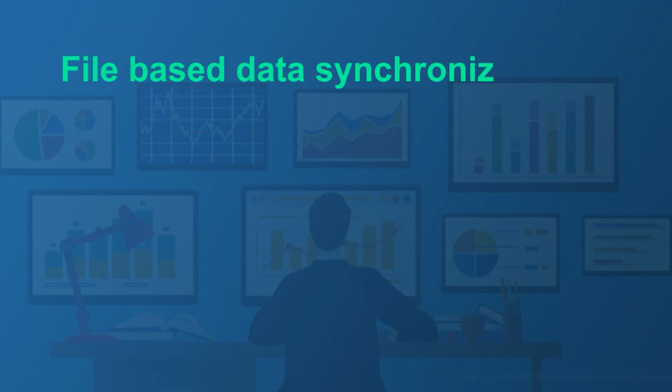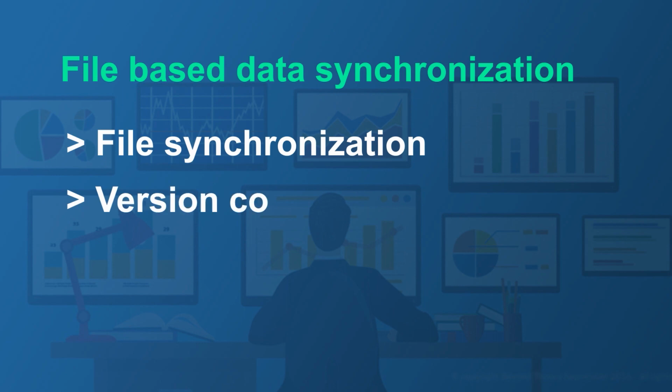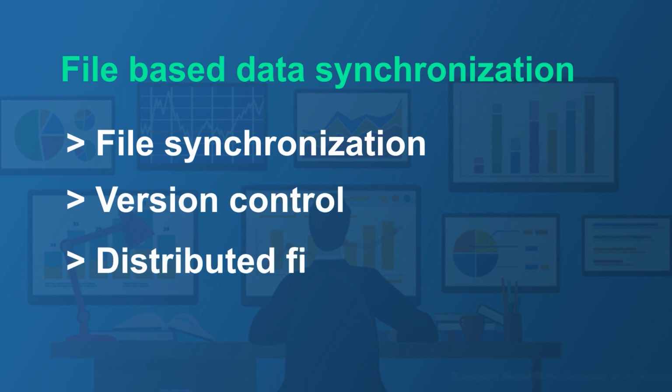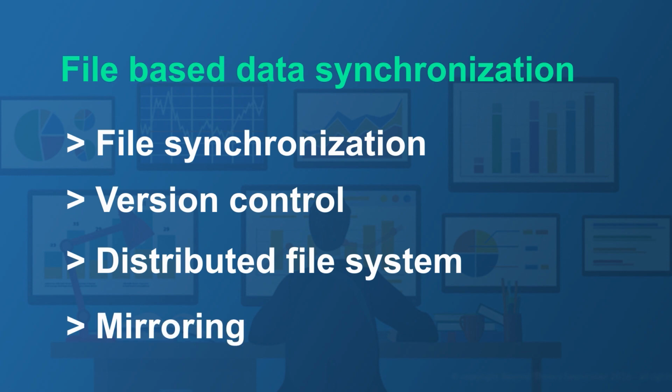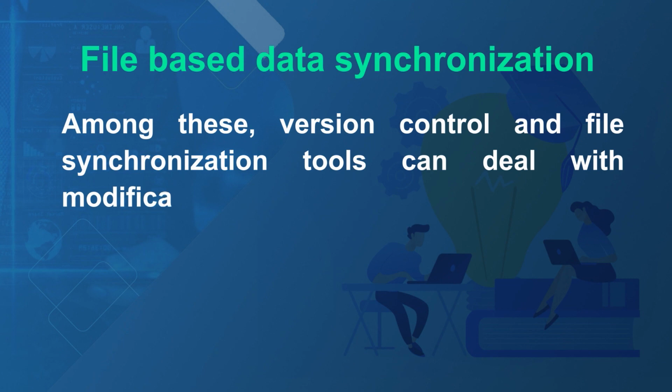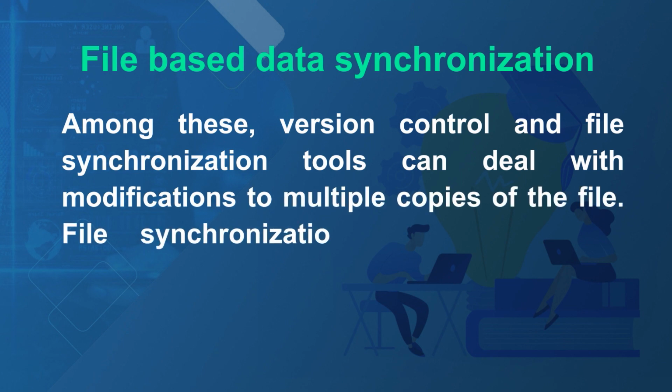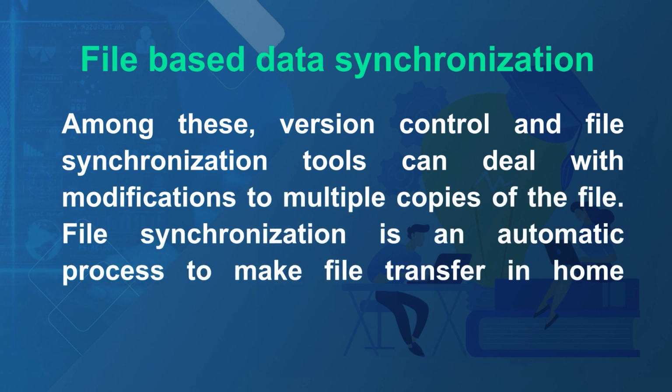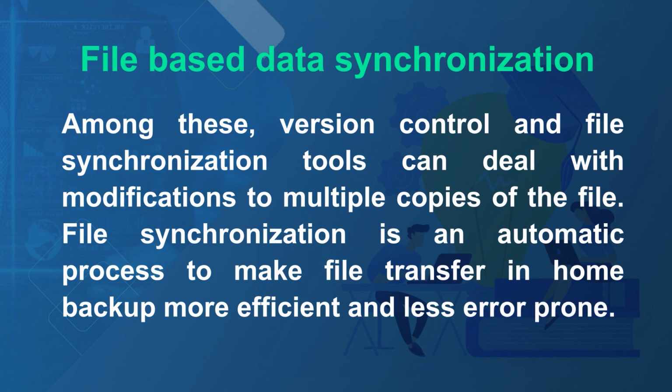File based data synchronization. Common file based data synchronization tools are file synchronization, version control, distributed file system, mirroring, and so on. Among these, version control and file synchronization tools can deal with modification to multiple copies of the file.